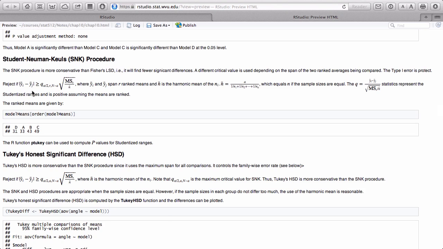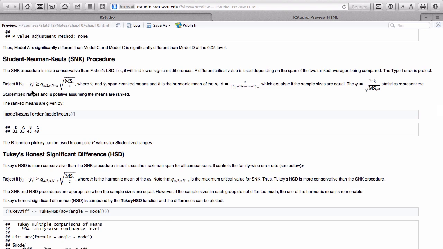If you go ahead and do it even if you didn't reject, then you no longer have a family-wise error rate of 0.05. Technically you're protected, it's just that most people want to look at the multiple comparisons no matter what. And so we've developed these other procedures that sort of protect you against yourself.